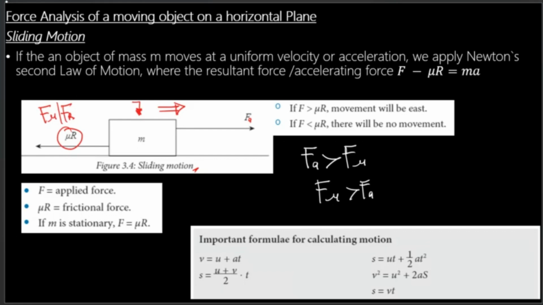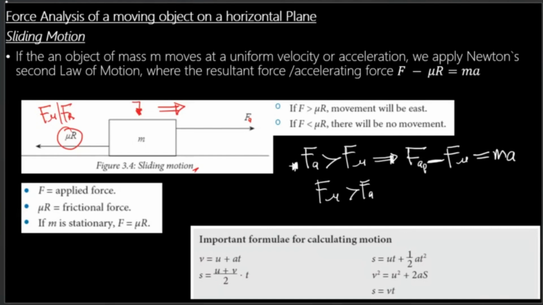And then you can easily generate a formula from this concept of motion: the force that will cause the body to accelerate is going to be the applied force minus the frictional force. The applied force minus the frictional force is going to be equal to what? Mass times acceleration.